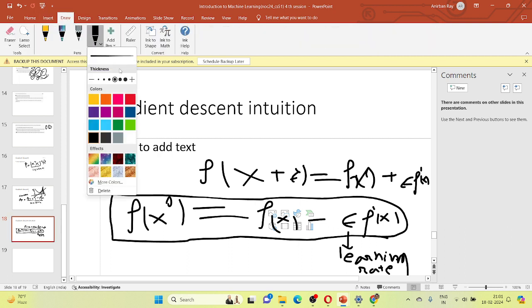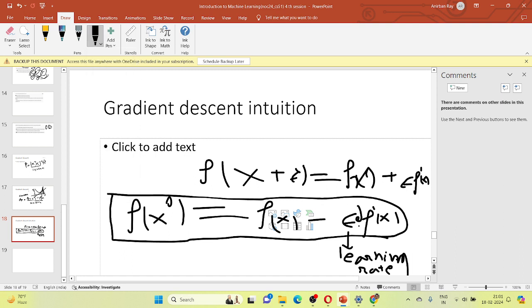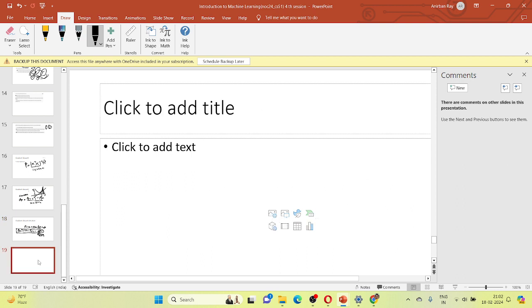Actually, you have to write del by del x, the partial derivative with respect to x1, the x1 component of x, then the x2 dimension, x3 dimension, like that. For every dimension you have to write this, for the multi-dimensional case.